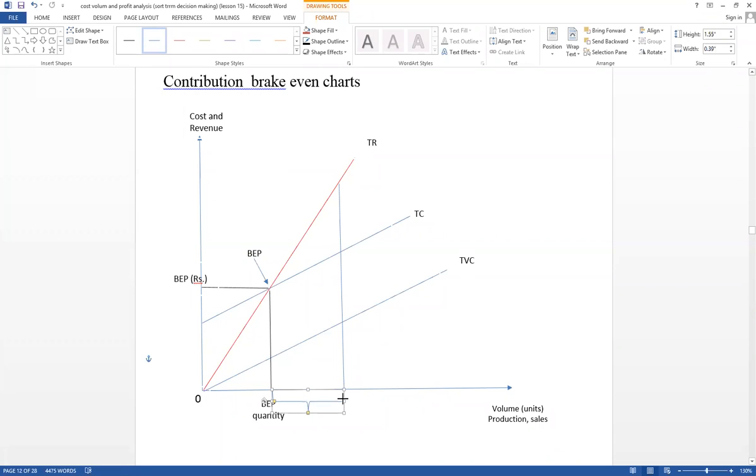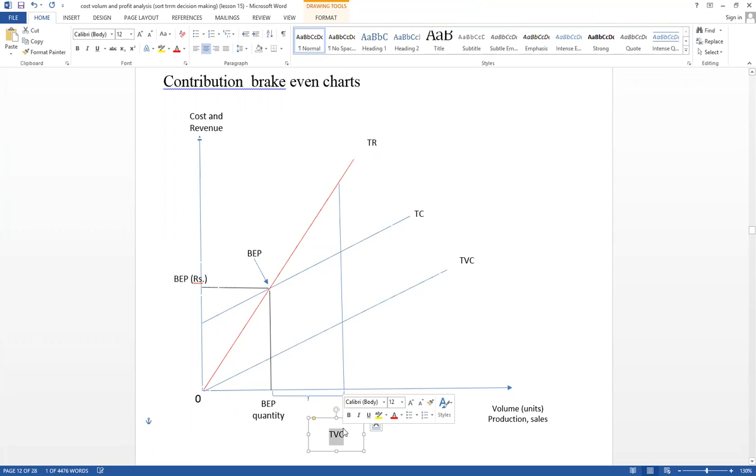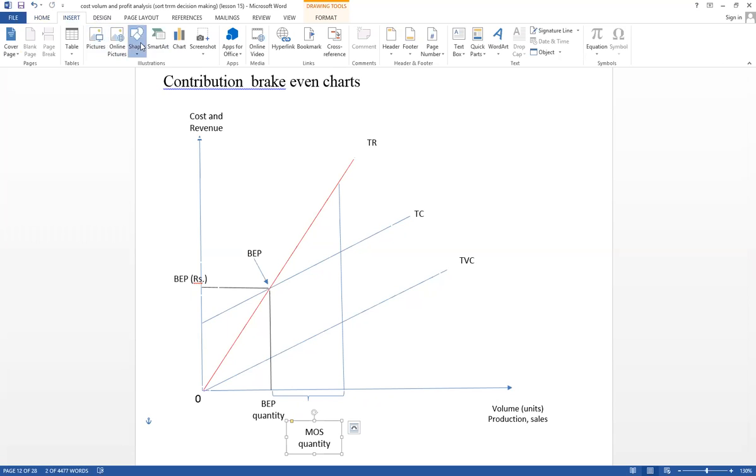Margin of safety quantity is expected sales quantity minus break-even point quantity. Therefore, this is the margin of safety quantity, MOS beyond the BEP. Think how to calculate it also: expected sales quantity minus break-even point quantity gives the margin of safety quantity.